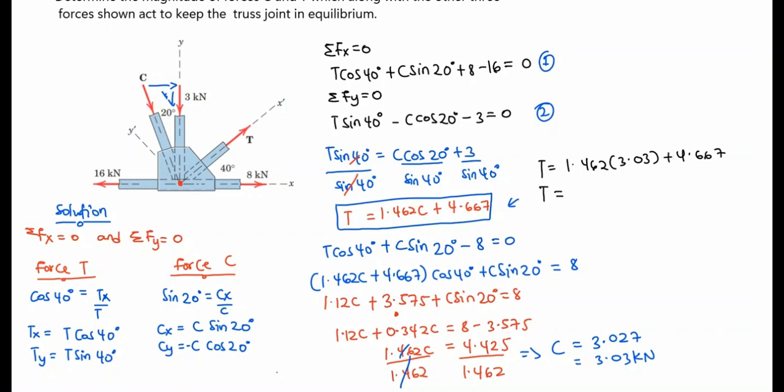Simplifying, this is equal to 9.097, so T is equal to 9.1 kilonewton. That will be the value of T.